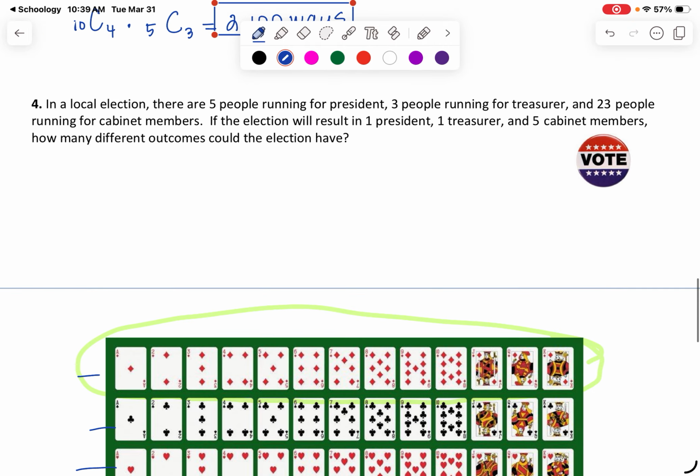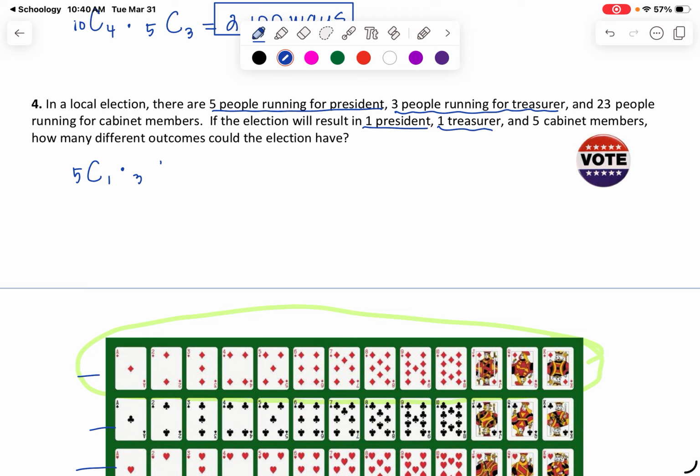All right, next one. In a local election, there's 5 people running for president, 3 people running for treasurer, and 23 people running for cabinet members. If the election results in 1 president, 1 treasurer, and 5 cabinet members, how many different outcomes could the election have? So we're going to look solely at president. There's 5 people running for president, and they're choosing 1. Order doesn't matter. 5 choose 1. And, so multiplication. 3 people running for treasurer, and they're choosing 1.